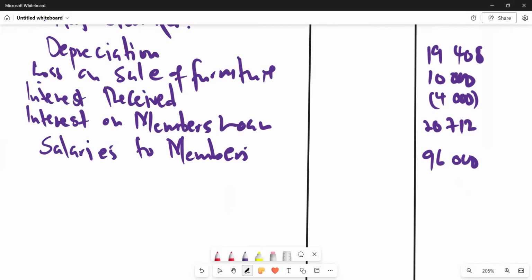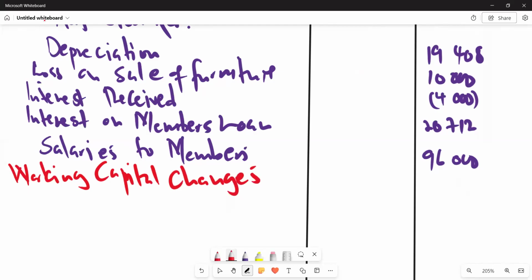Right. After that, we can look for working capital changes. Remember, when we're calculating working capital, we say current assets minus current liabilities. So we are going to look at components of current assets and then components of current liabilities.